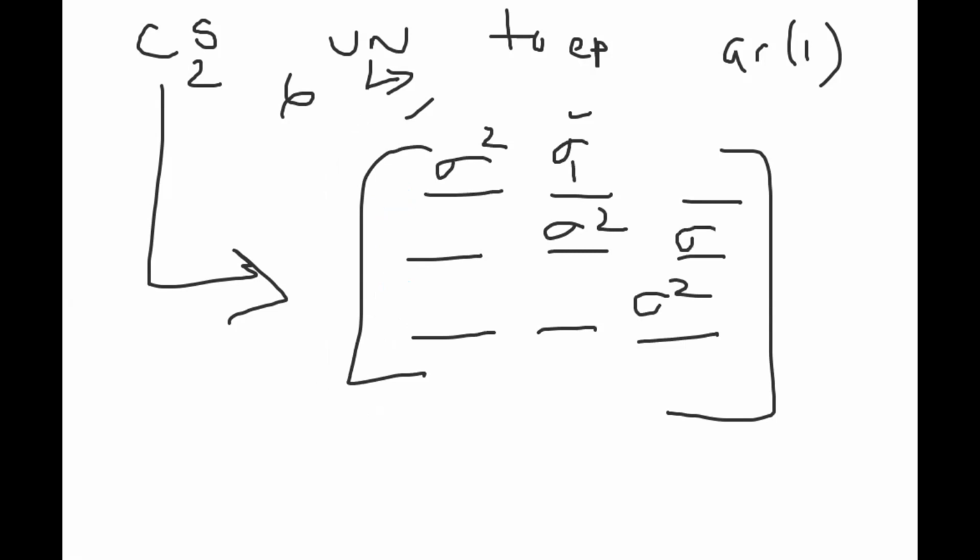Time 1 to time 2, time 2 to time 3, they're spaced by 1, have equal covariance, and time 1 and time 3 has its own covariance. So in this case, the Toeplitz is going to have 1, 2, 3 terms being estimated in the variance covariance matrix.